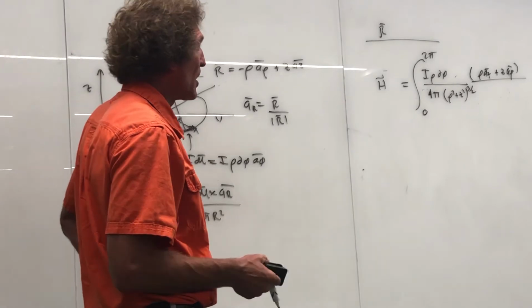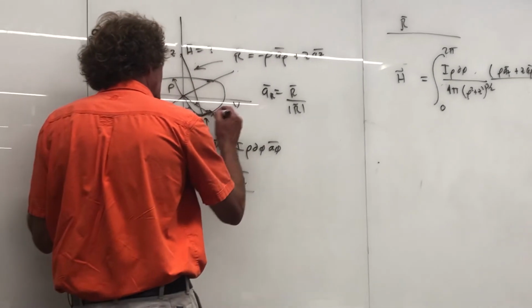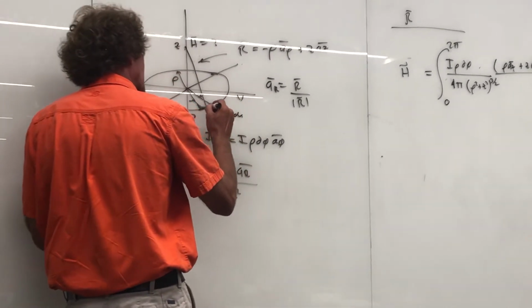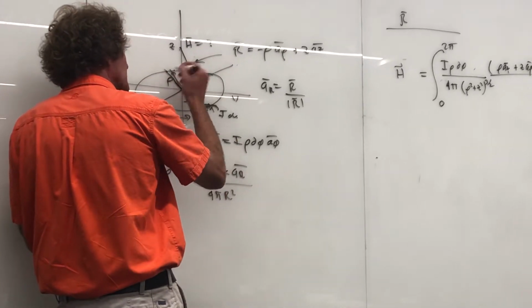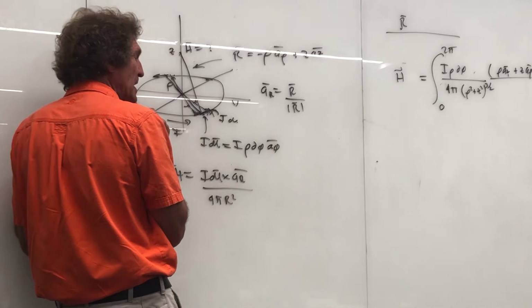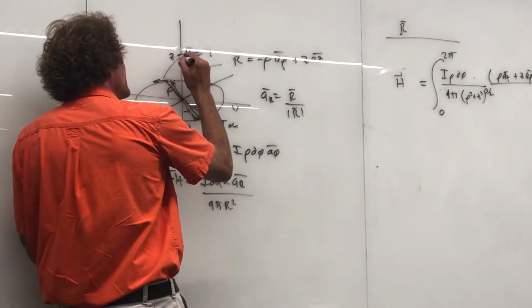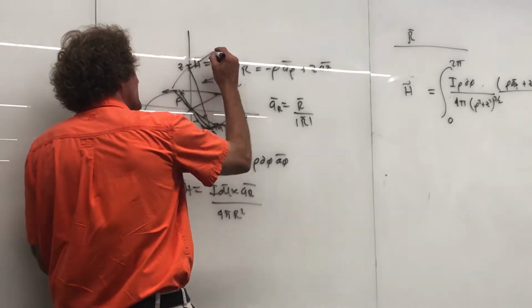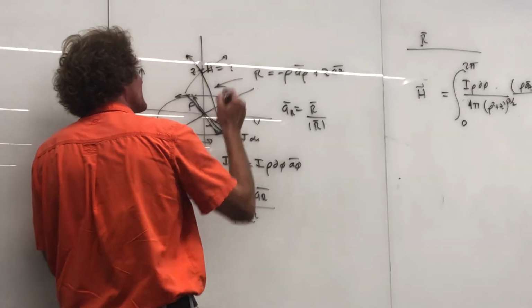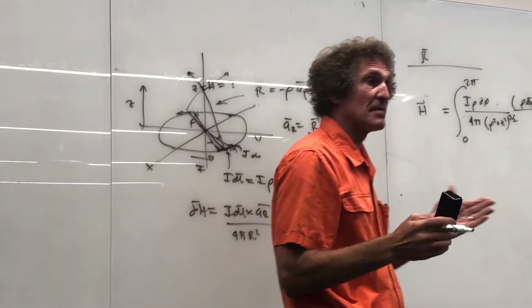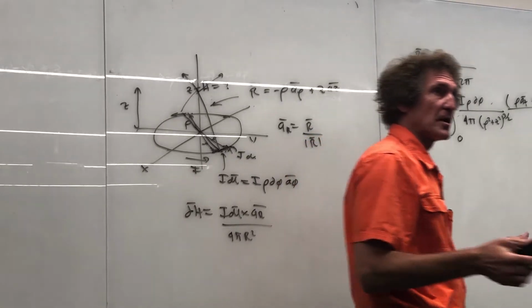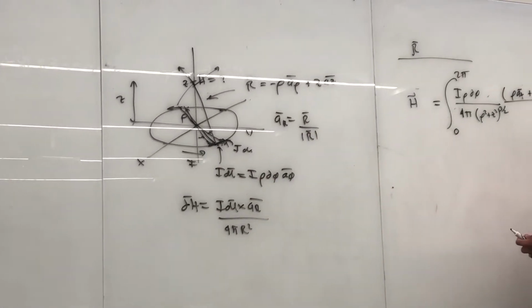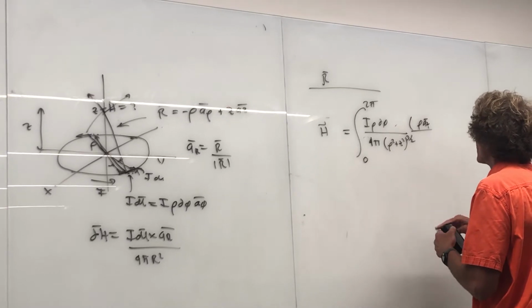But I'm not even going to bother. What I'm going to say is, if I have a differential current I dl here and I go right through to the opposite side, called the conjugate point, or 180 degrees around the circle, I will have the same current magnitude in the opposite direction, and it will give me an H. This will have an H component this way, this way, and the horizontal components will kill themselves off. That's my contention, and it's true. I used to go ahead and prove that, but today I don't think we need that. So really, this is the integration I'm left with.